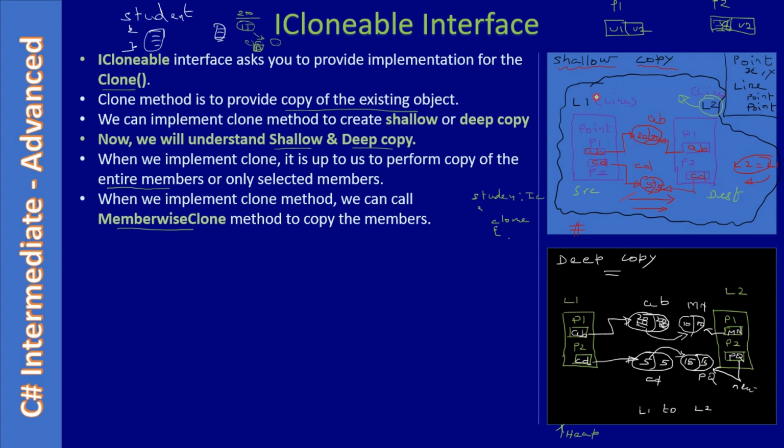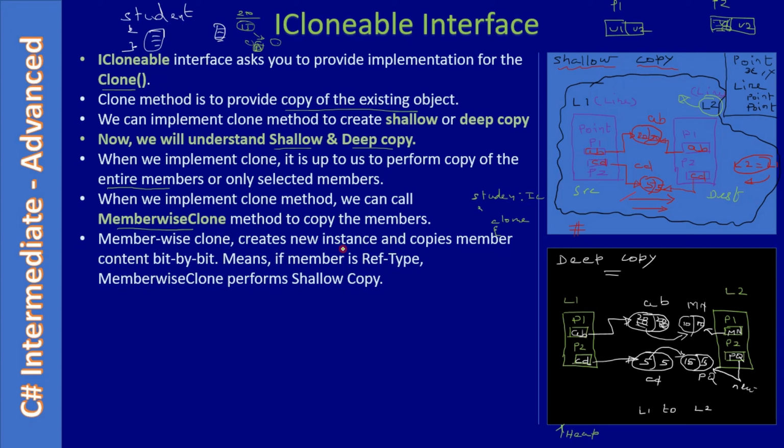So that's why MemberwiseClone works well for value types. When the internal members are value types, copying the content doesn't harm you. But here, since it's a heap location, both pointing to the same location will give some trouble.